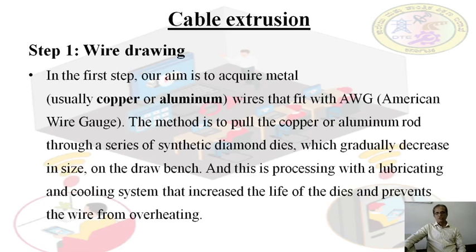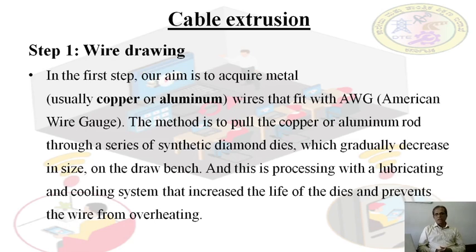And cable extrusion, see how cables are produced. Cables are also produced by the extrusion process. In the first step, our aim is to acquire the metal wire. Metal wires are nothing but conductors, usually made out of copper and aluminum. We make use of the American wire gauge standard.